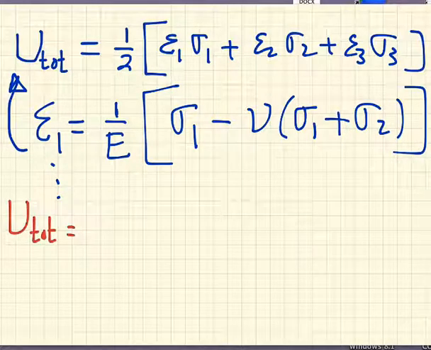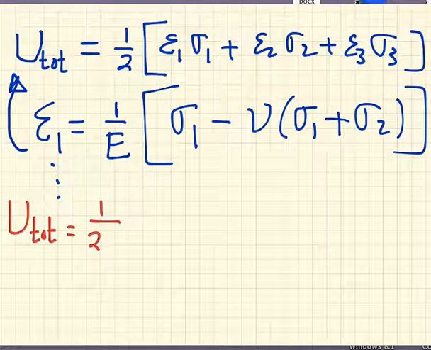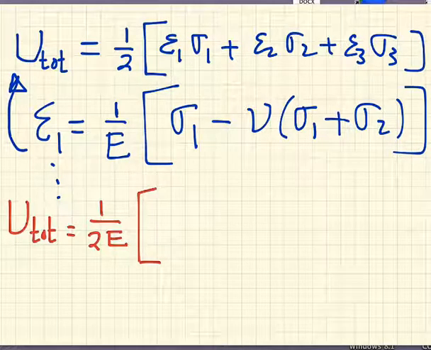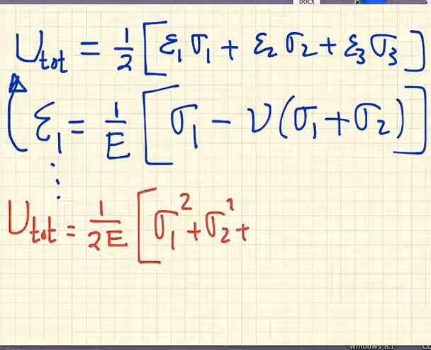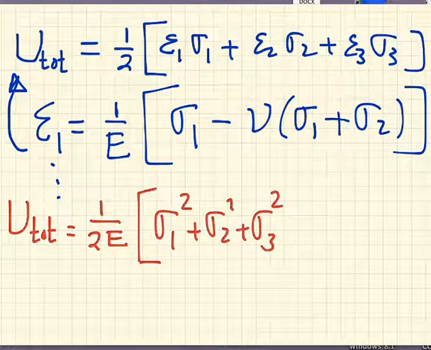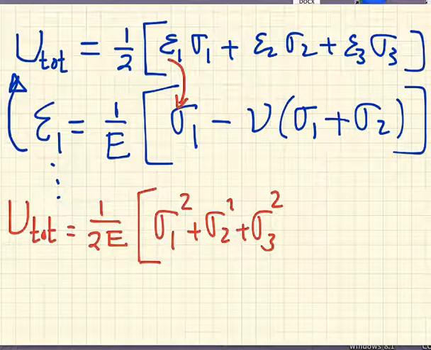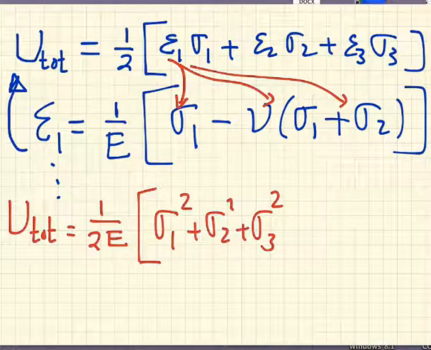We find that U total per unit volume is 1 over 2E, where E is the elastic modulus, times sigma 1 squared plus sigma 2 squared plus sigma 3 squared, because when you substitute for epsilon 1, you get all of these stresses, and then you get squares.